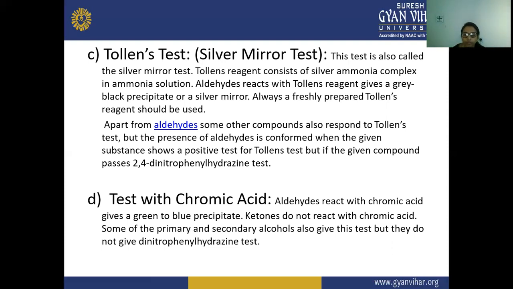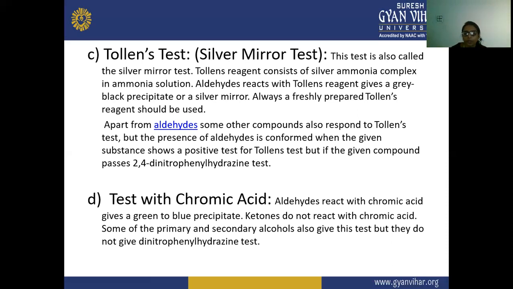So for confirmation of the presence of an aldehyde, when the given sample gives a positive Tollens test, it should also be put through the 2,4-dinitrophenylhydrazine test. If the compound passes the 2,4-dinitrophenylhydrazine test, it means that it contains an aldehyde group.